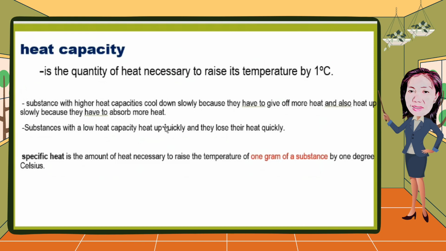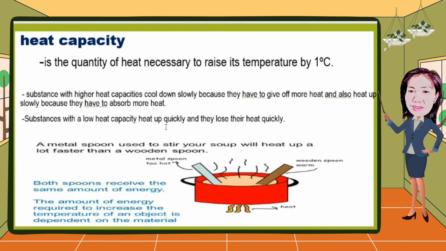Okay, a high heat capacity object usually cools down slowly and heats up slowly. But a substance with very low heat capacity heats up quickly and loses its energy or heat quickly. It also easily becomes cold. So, this is an example.